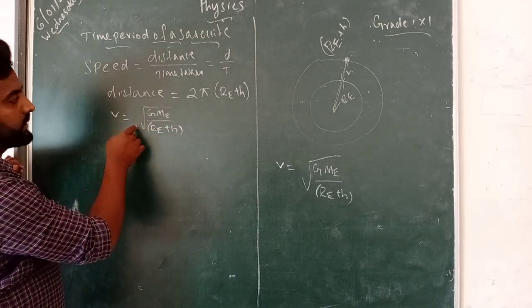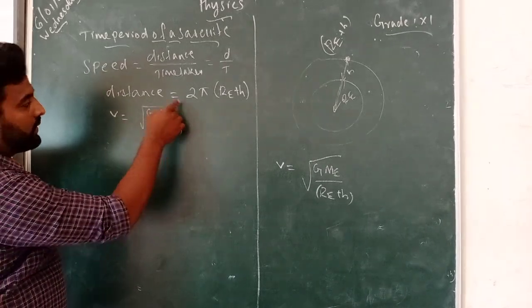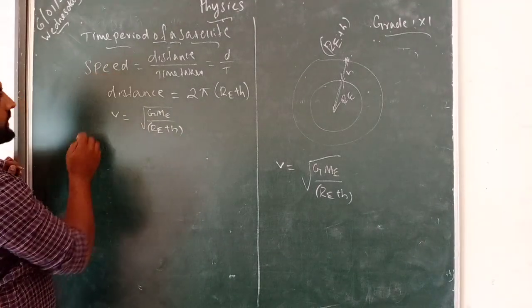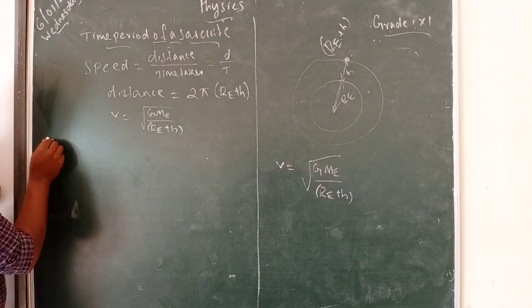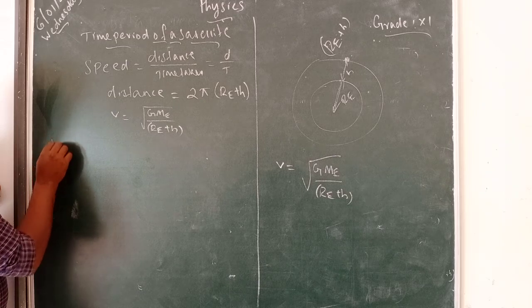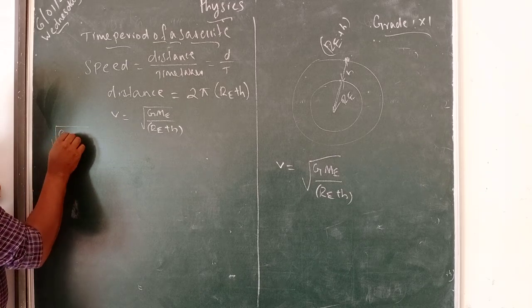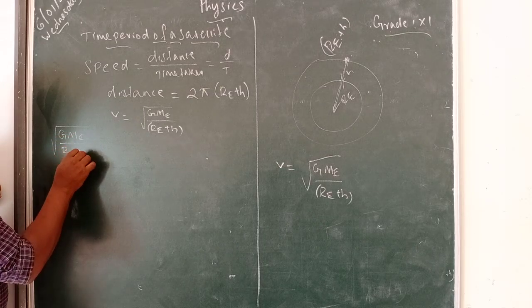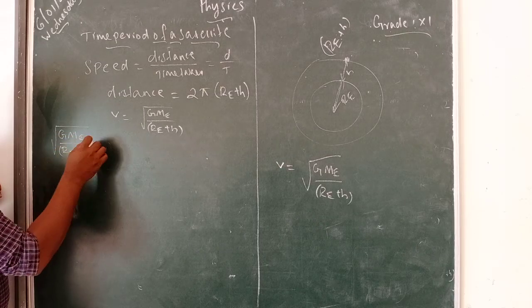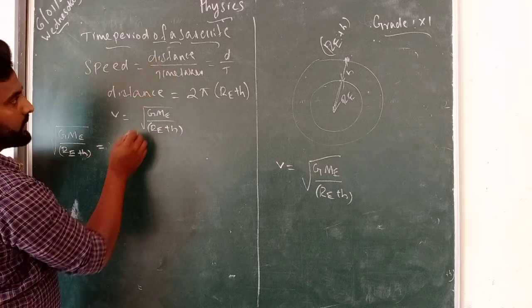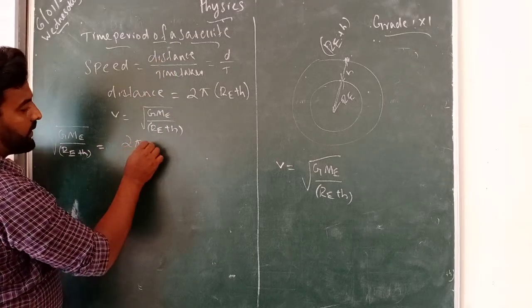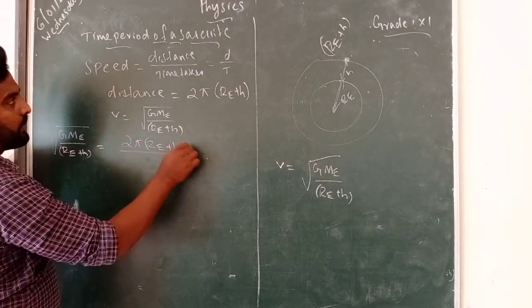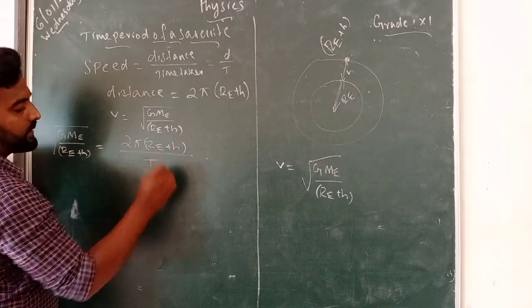Now substitute this distance and speed into the speed equation. So speed is root of G M E by R E plus H, equal to distance 2 pi (R E plus H), divided by time taken, that is the time period T.